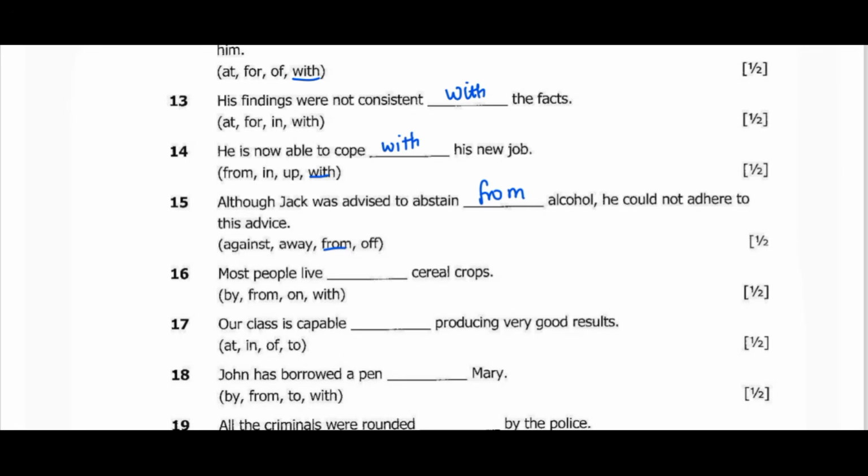So to adhere is like to understand, or we can say to abide. Then he is seen most people living on cereal. So it's like a staple food here. Our class is capable of, we are showing the possibility of producing very good results.